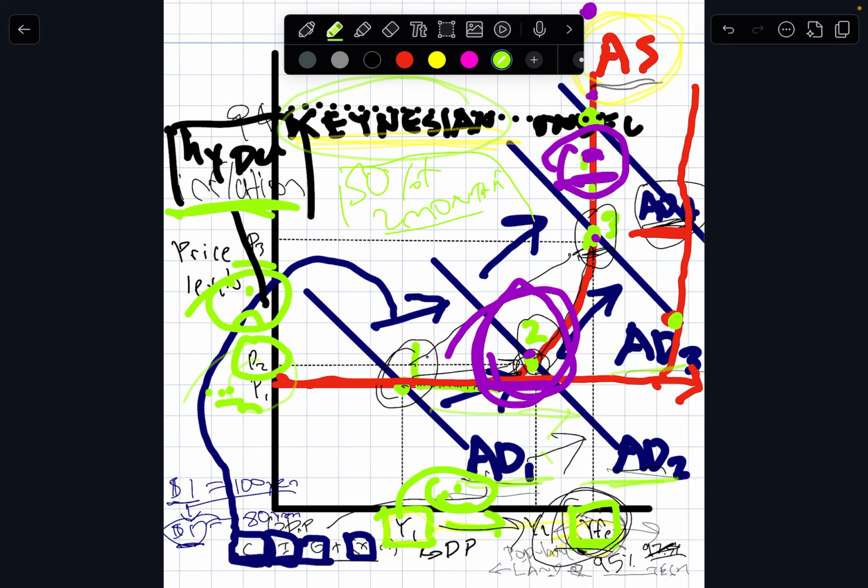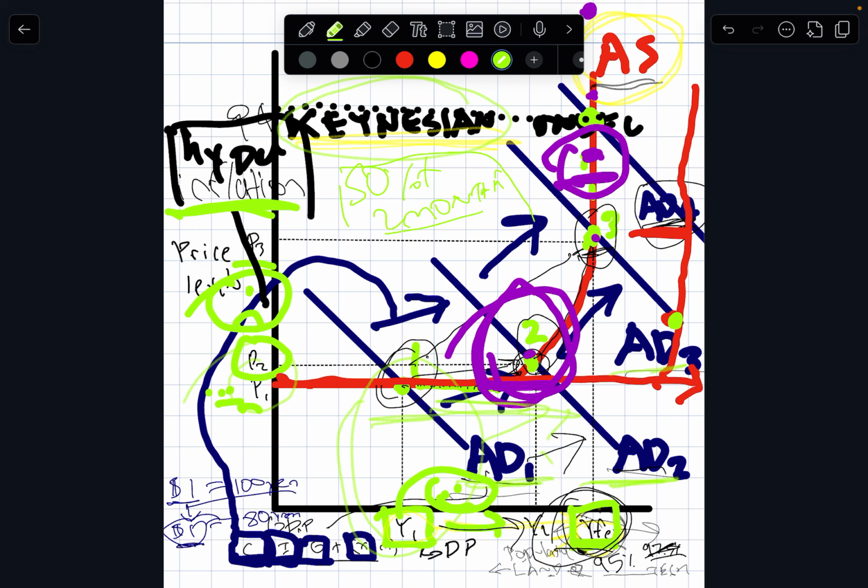Not only that, but Keynes would go as far as to say we need the government to help push us in the right direction. I think one of the commonly used metaphors is that of starting the engine of a car, right? You need that little spark to start that engine, but once the engine gets going, then the car can run on its own. Obviously, in this case, the car is the metaphor for the economy.